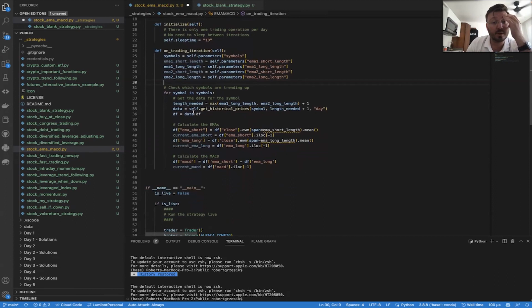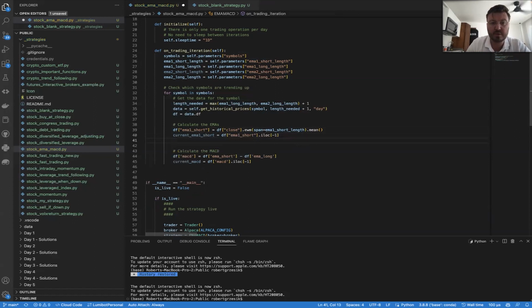Right, and then we'll go here, calculate the EMAs. So now we're gonna have to do this for all of them. Let's go EMA 1 short, EMA 1 short length. All right, EMA 1 short.